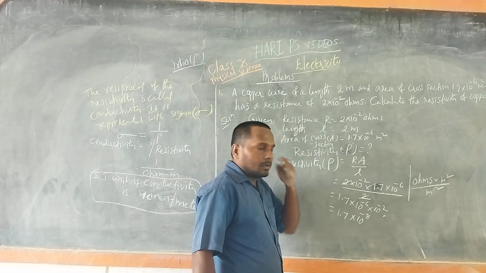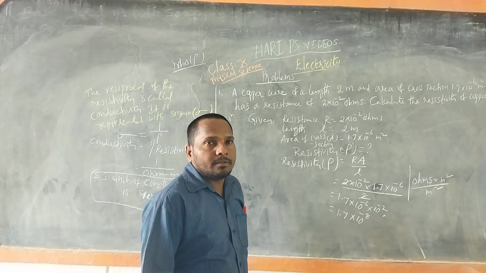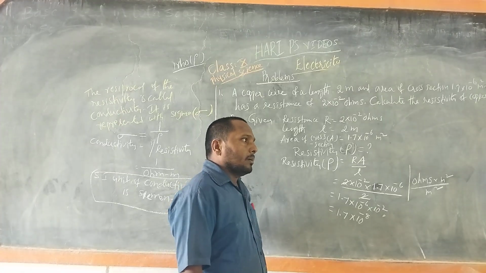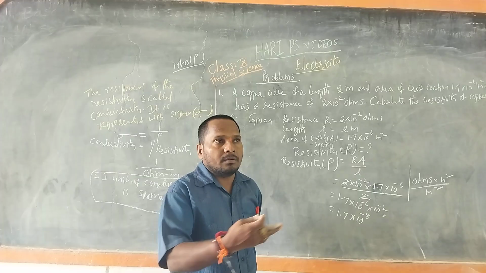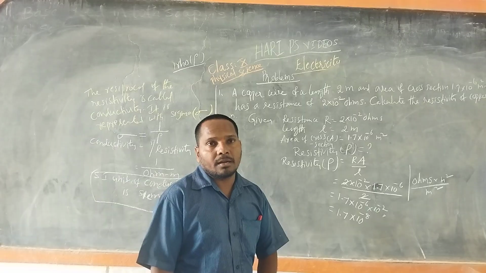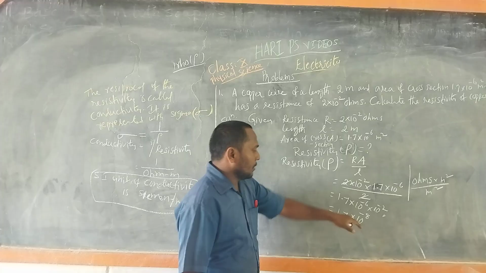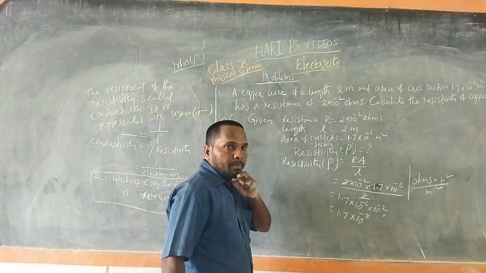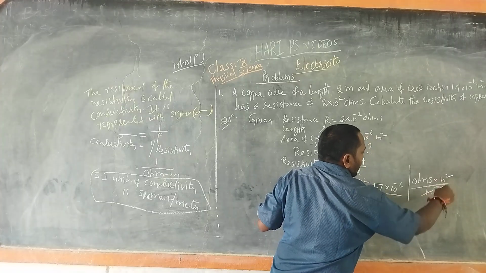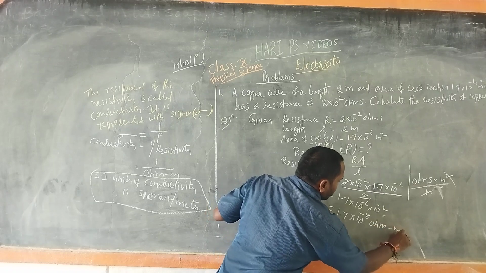In exponents, when the bases are equal, we should add the powers. So finally we get 1.7 into 10 power minus 8. Here square meter and meter cancel, remaining we have ohm meter.